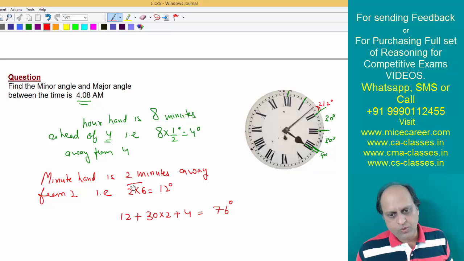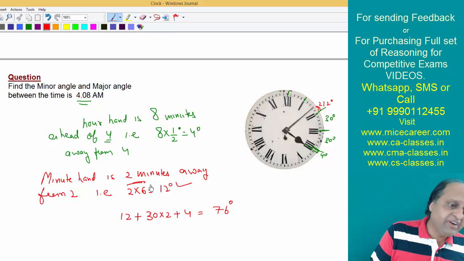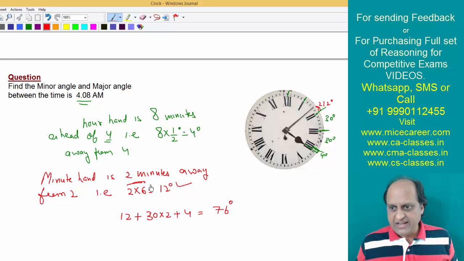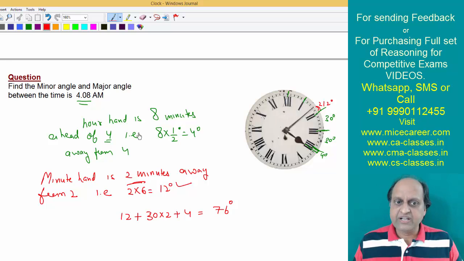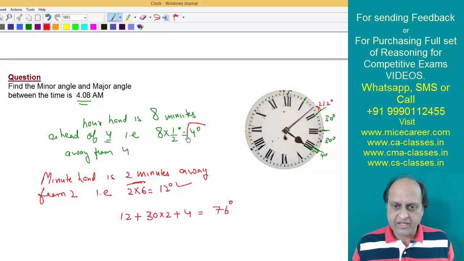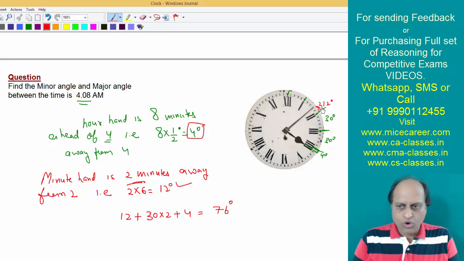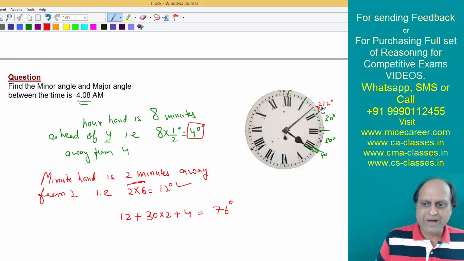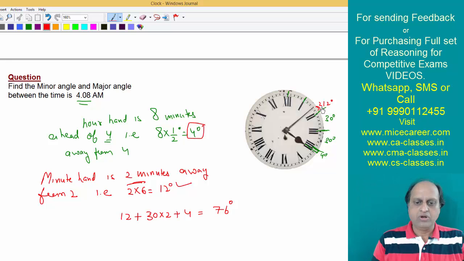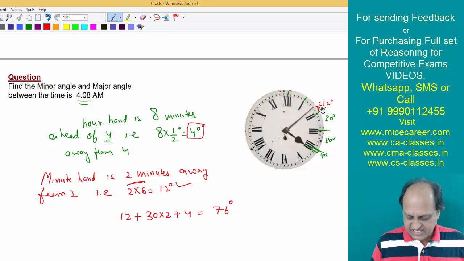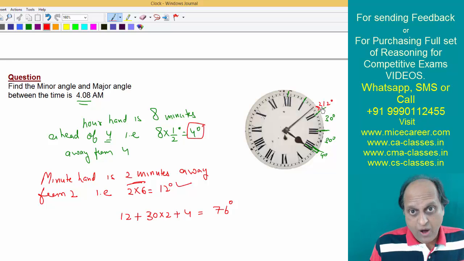So 2 minutes is equivalent to 12 degrees. And the hour hand travels half a degree in 1 minute, and this hour hand is 8 minutes ahead of 4. That means 4 degrees. So this part is 4 degrees, this part is 12 degrees, and the angle between two consecutive numbers is 30. By adding them up, we can easily find that the angle is 76 degrees. How do you like it?